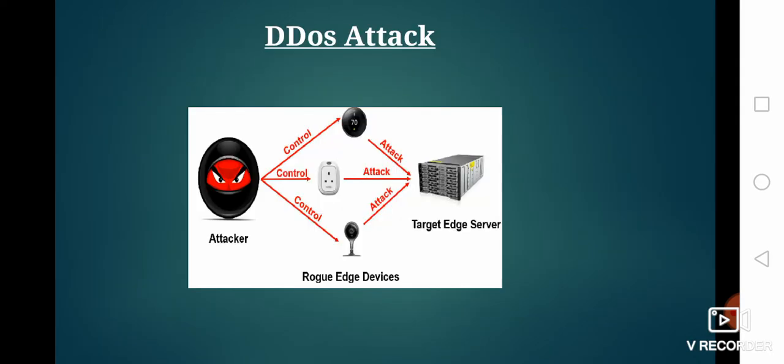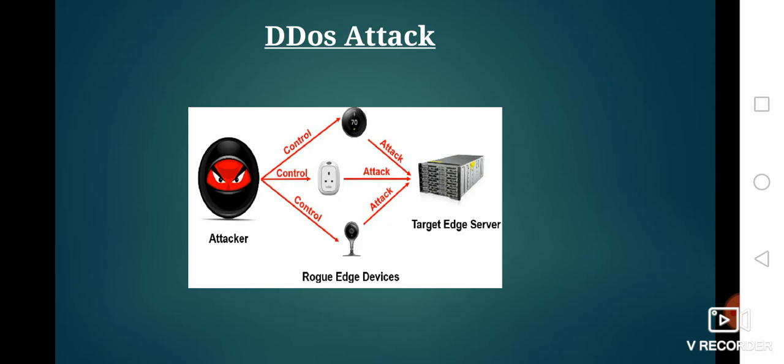As you can see in the figure, the attacker attacks the server by requesting it, and by clarifying and satisfying the requests of the attacker, the edge server loses its hardware power. Then it is not able to provide services to the original device. That's the DDoS attack.